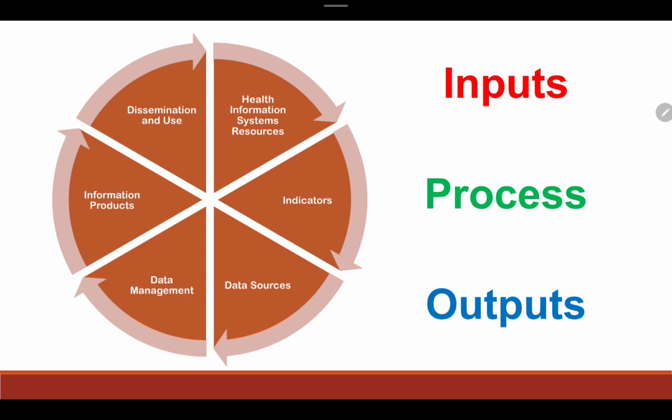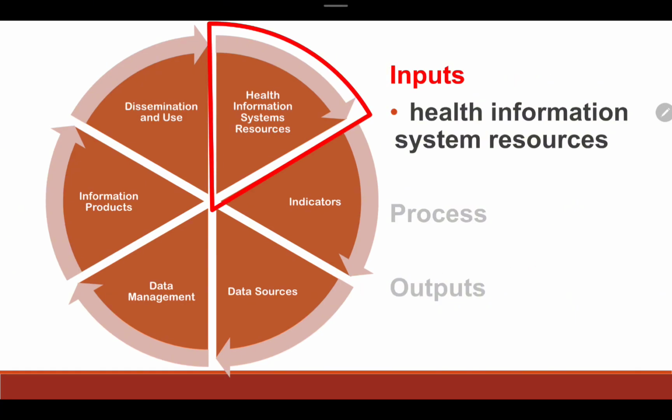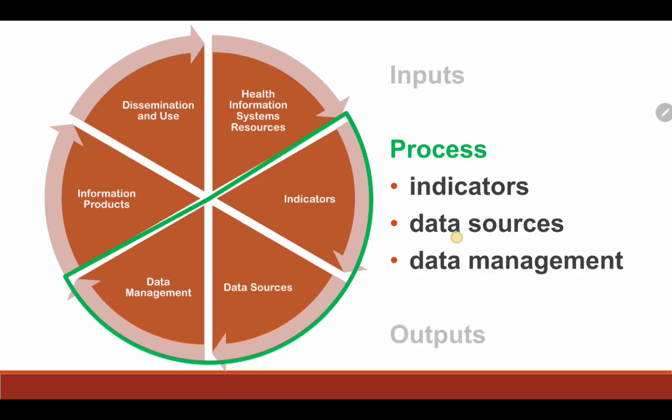So, remember, there are 6 components of health information system that can be categorized into inputs, processes, and outputs. Okay? So, isa-isa natin sila. Ang inputs natin would be this one, health information system resources, kung saan kasama tayo, mga tao. The processes would be this one.